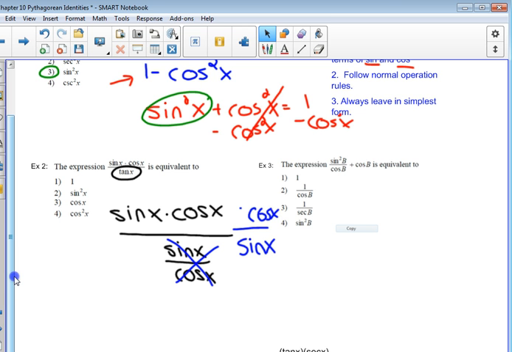Take a second. See if you can figure out what's going to cancel out. What would we have left if you reduced it? Those would just cancel out if you multiply them.